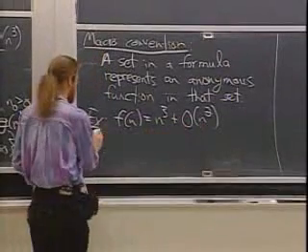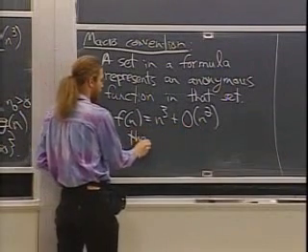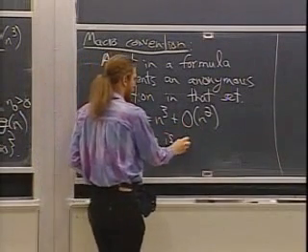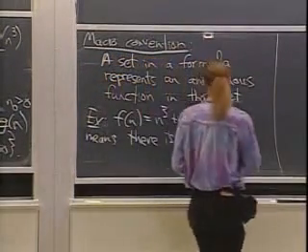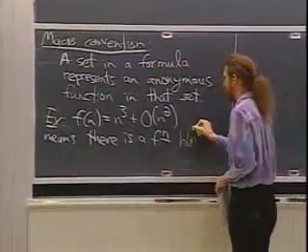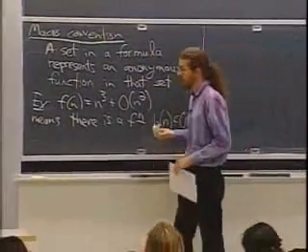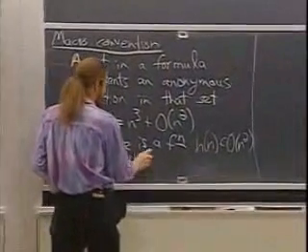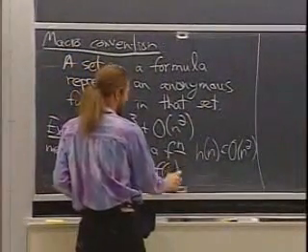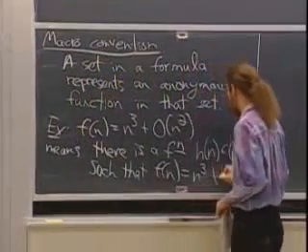And so this means that there's a function, shorthand for a function, h of n, which is in big O of n squared, or equals big O of n squared, such that f of n equals n cubed plus h of n.